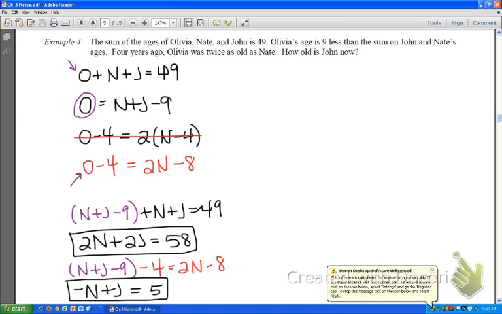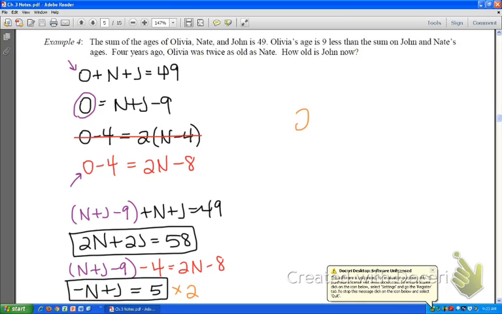What do you guys want to do? Elimination or substitution? Elimination is probably good. We can multiply this second equation right here. What can we multiply that by? Yeah, we can just multiply all of this by 2. Okay, so I'm going to start in some empty space up here.